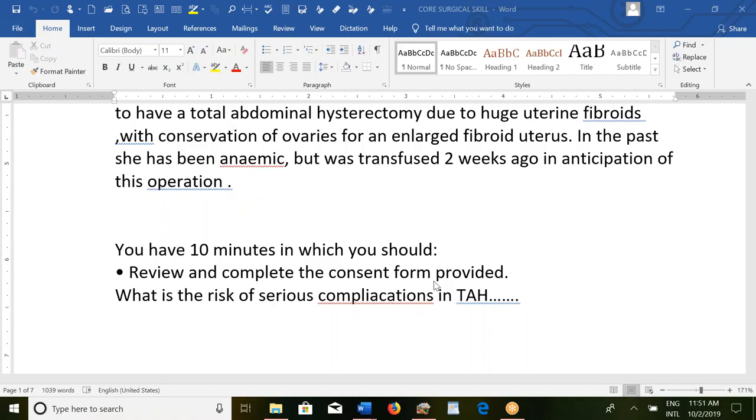So, what about my pain control? How we will do that? Because it's a big procedure, right? Because you said it is going to take a long time.